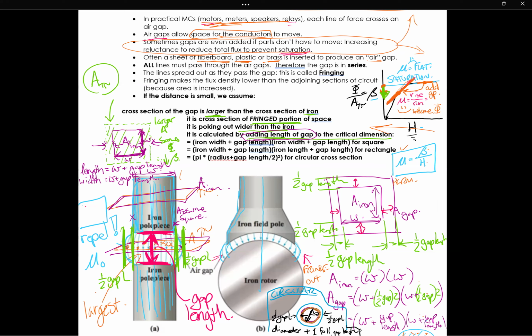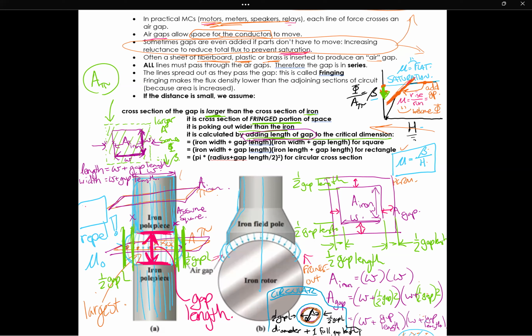Pulling ourselves down the y-axis on the BH curves gets us to a permeability that is higher than it would be in a saturated region. It also lets us get to a higher magnetic reluctance, and in effect, the entire circuit is going to be less reluctant.